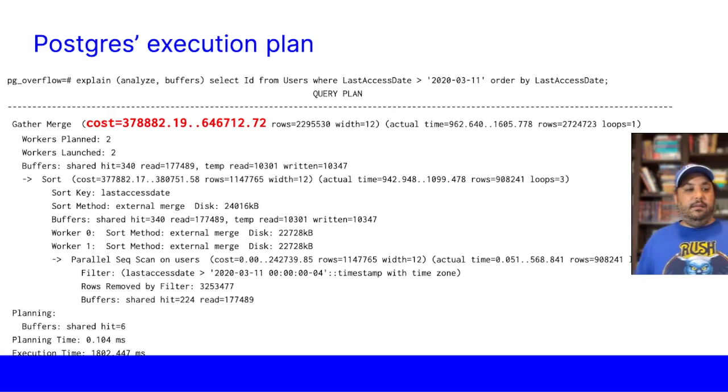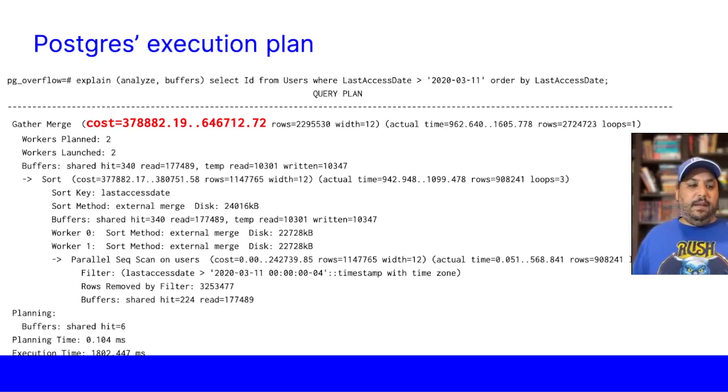Right now, we're talking 646,000. We doubled the cost that Postgres expects from having to deal with this query by adding in that order by. And you might think, well, we did expect more work. Why is it twice as much work? Where does that come from? Is it the parallelization? No, that's not it.